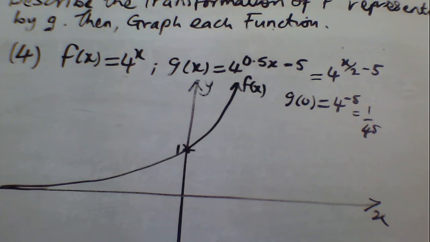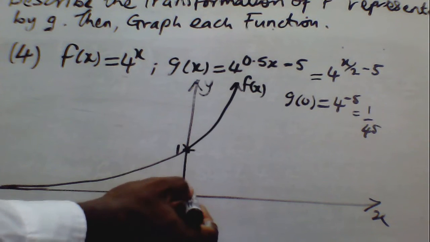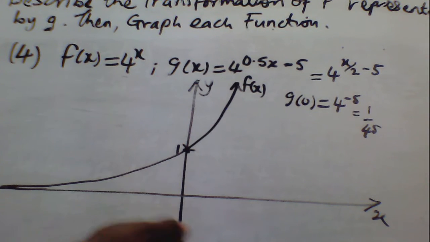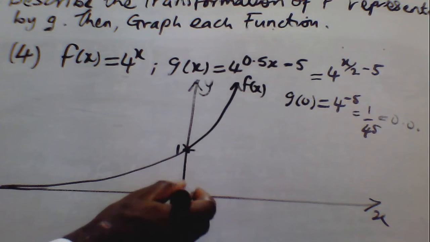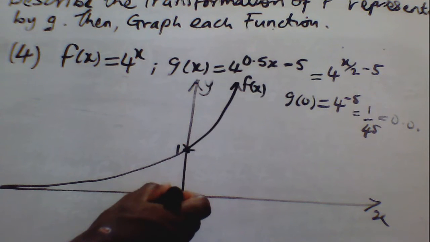A very fractional number, close somewhere here. Very fractional. It's insignificant. Because 4 raised to power 5, if you do it, we'll have something like 0.00 something, close to the line. It doesn't mean it touches the line. Very, very close.